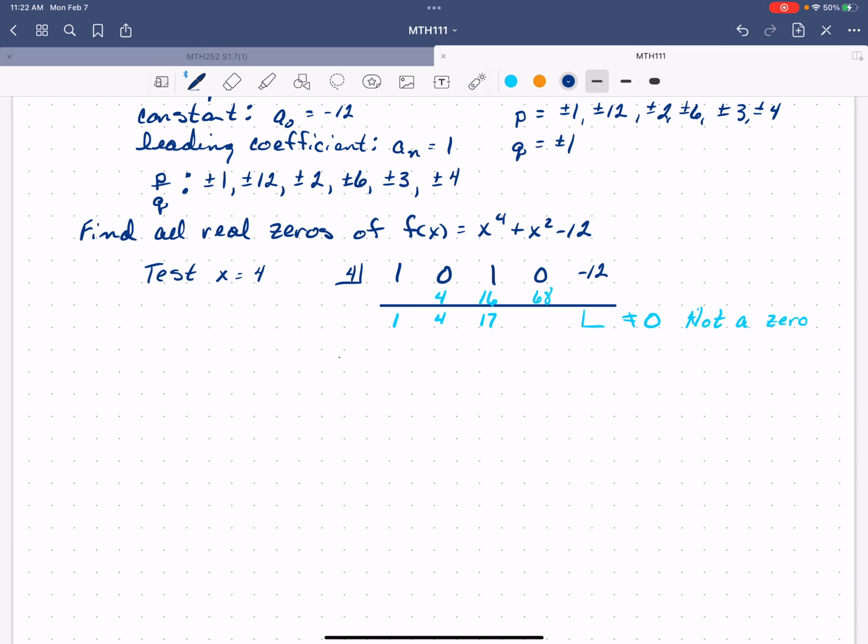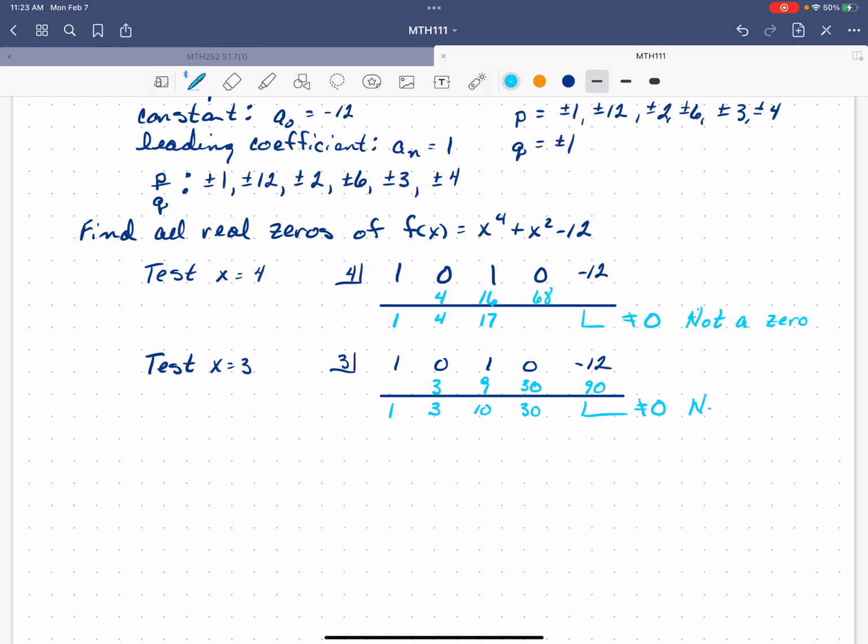Let's try 3. 1, 0, 1, 0, negative 12. Drop down the 1. 3 times 1 is 3. Add to the 0. Oh, no, that's not 0.